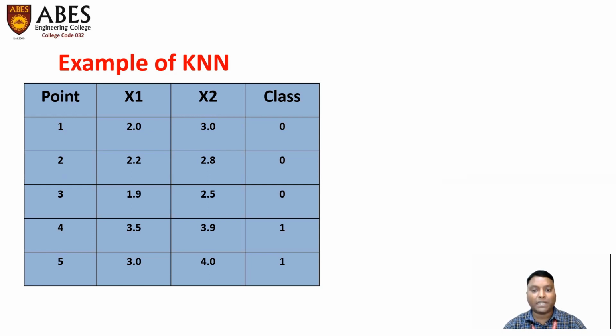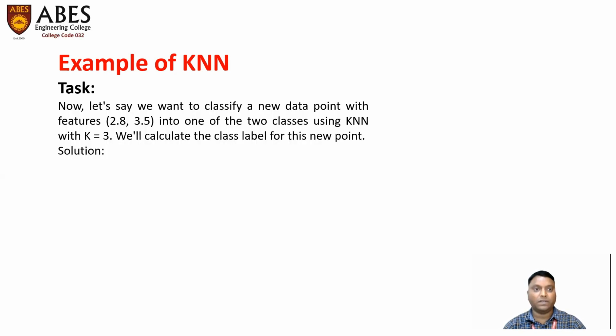So how will you calculate? First of all, let's have the data for which we have to predict the class. Let's say we want to classify a new data point with features 2.8 and 3.5. For 2.8 and 3.5, we have to predict the class of this data point.